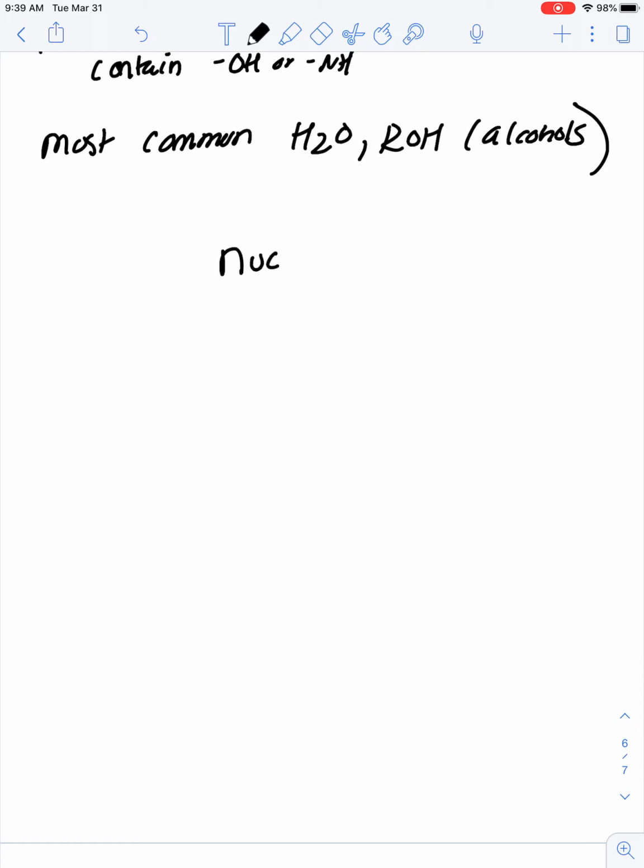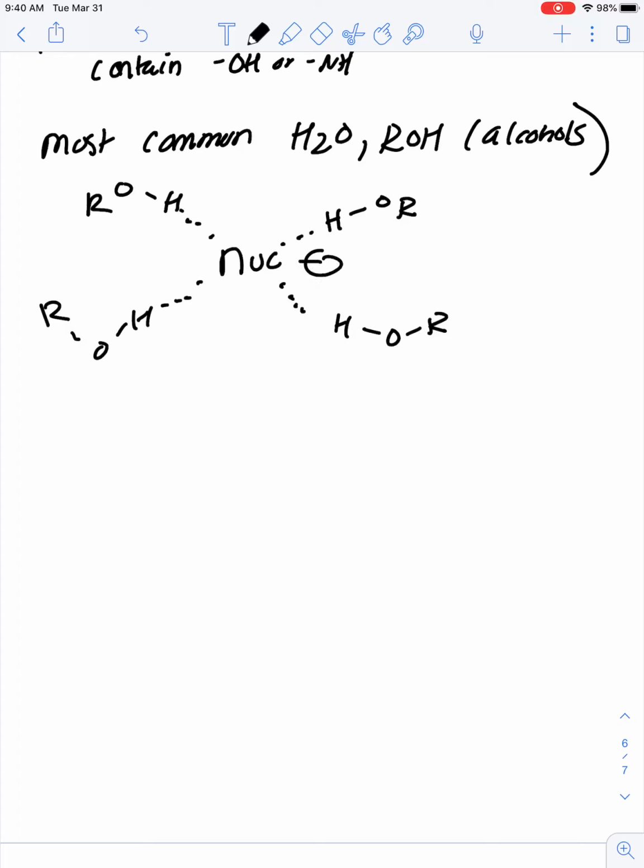So what happens is the nucleophile is going to be solvated by our solvent via hydrogen bonding. Again, this nucleophile is solvated via hydrogen bonds, so it's going to become sterically very large, which is going to reduce the nucleophile's strength.